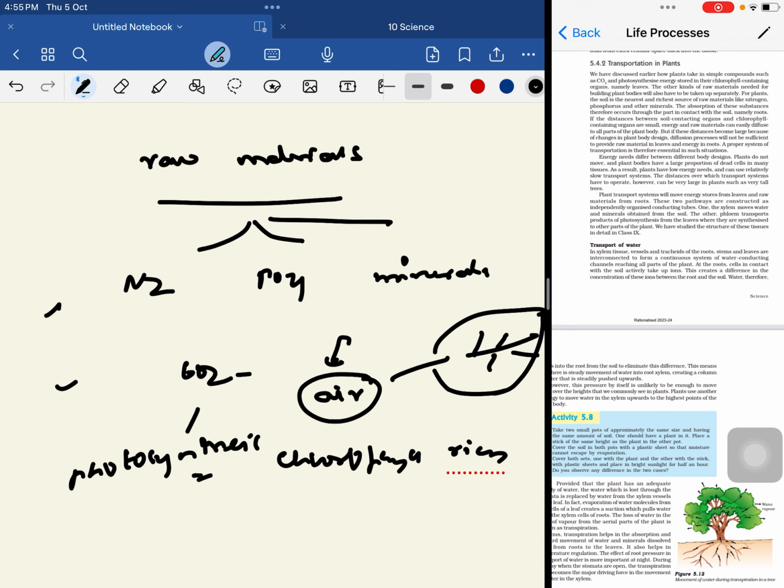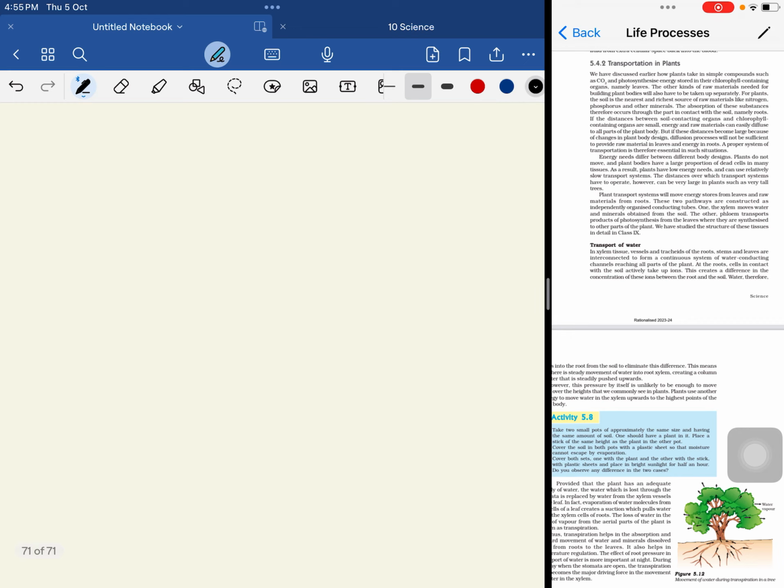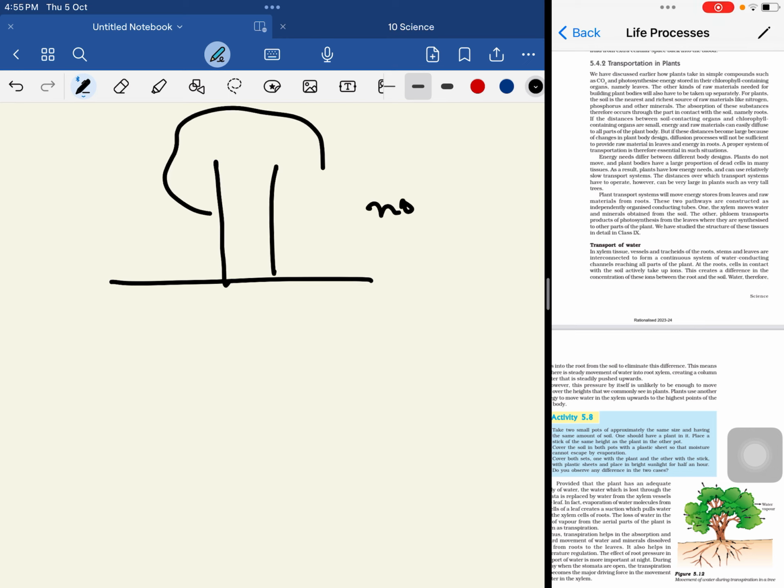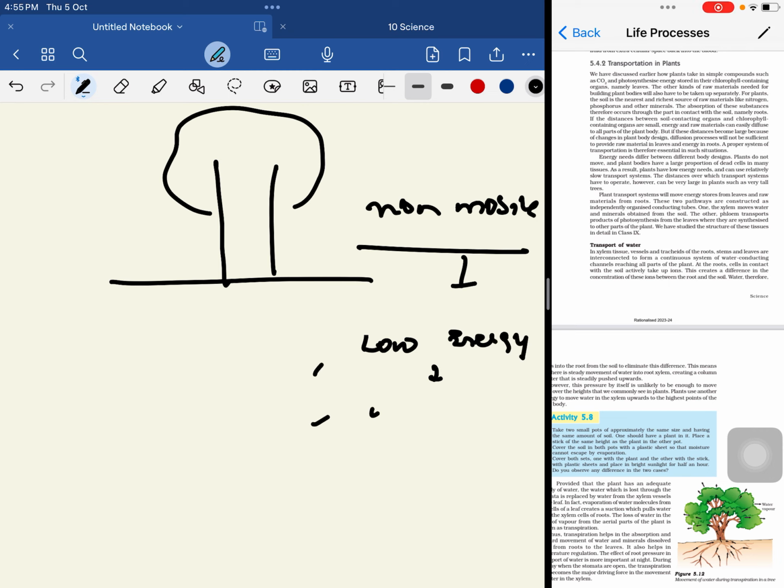Second, plants are non-mobile. Because they are not able to move, they need very low energy and low raw materials.